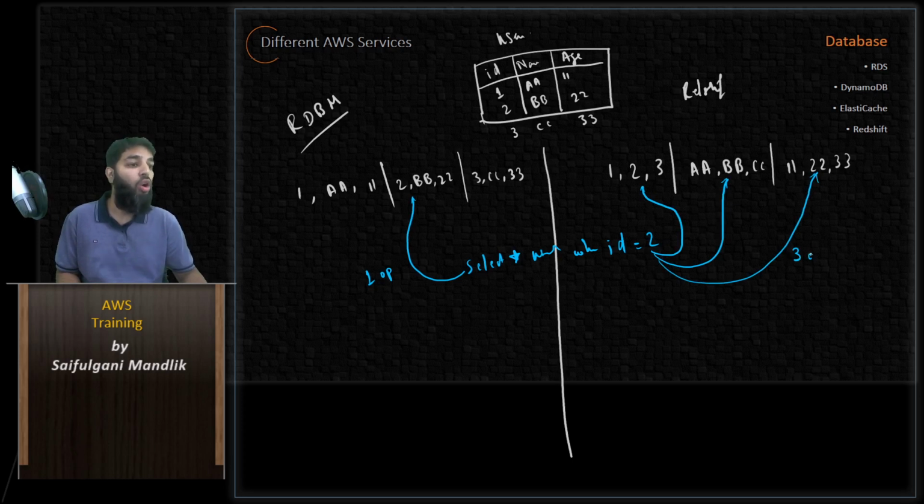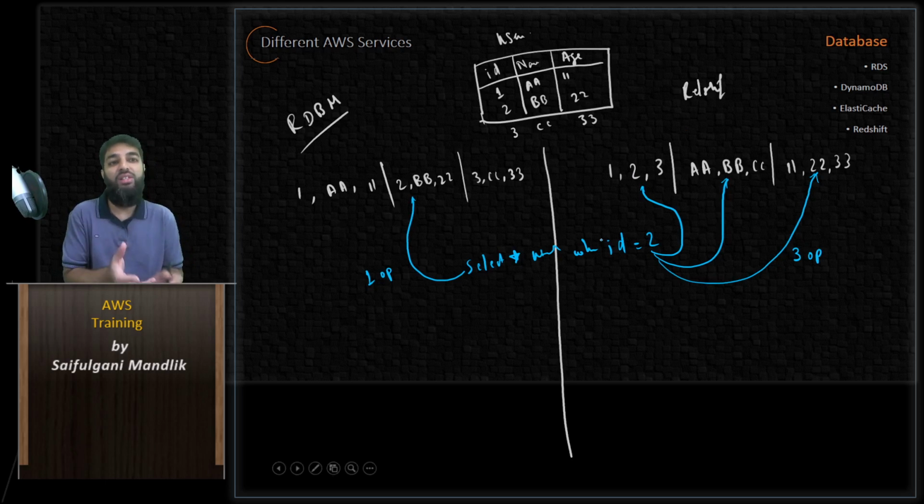So three read operations. Obviously, row-based queries will perform very badly in Redshift. That is the reason why we never talked about it along with other RDBMSs, because typically you run row-based queries in most RDBMSs, and Redshift is not a good use case for that.